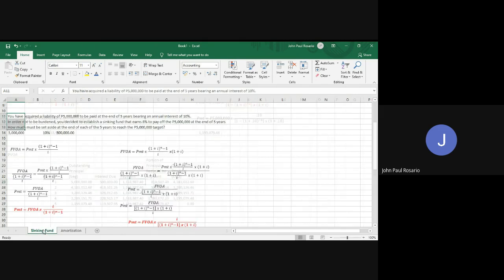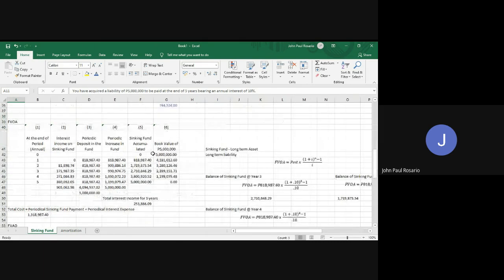Now, for our sinking fund, let's see what behavior we can see here. Our interest income, of course, will always increase. And our periodic increase in the fund will also increase. Our periodic deposit in the fund is constant. And I think that's just it.